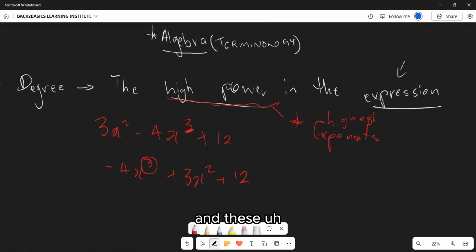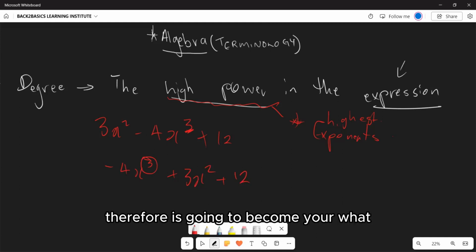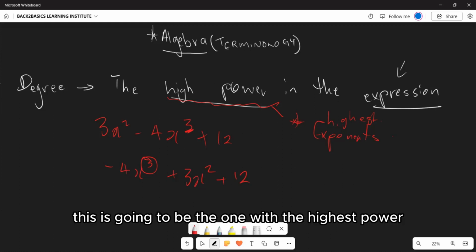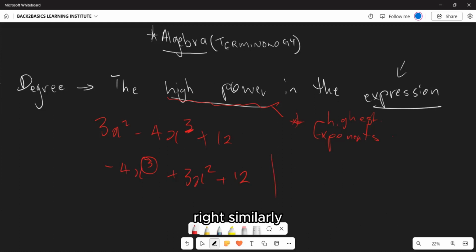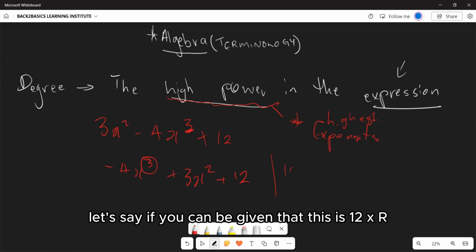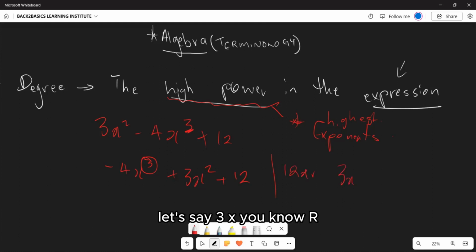And this 3 over here is going to become your degree altogether, because this is the one with the highest power, right? Similarly, let's say you are given 12xr, then this is, let's say, 3xr.